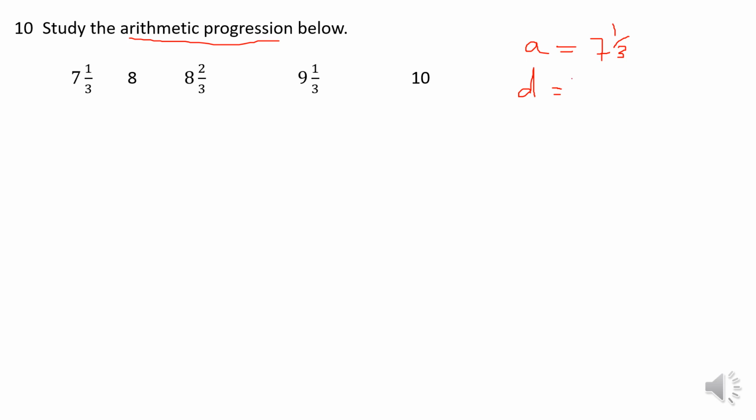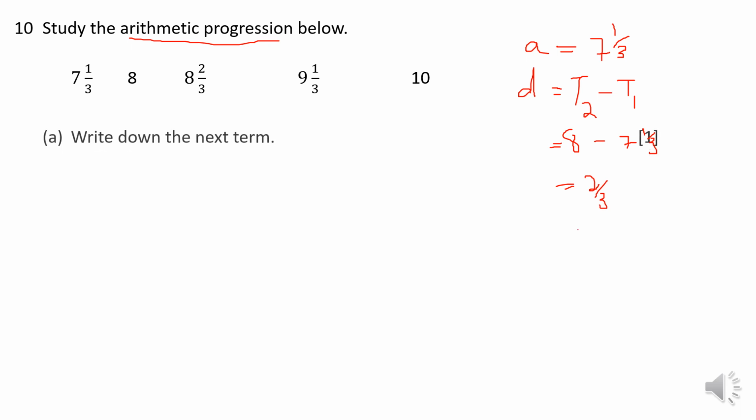So I can take term 2 and subtract term 1 from term 2. That is 8 minus 7 1/3. Well, when you do that, you get an answer of 2/3.